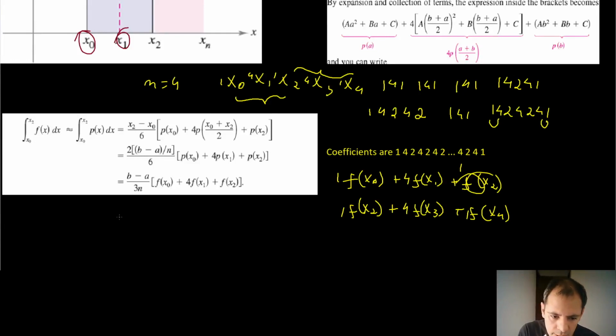Okay, you cannot do this: 1, 4, 2, 1. No, that's not the way it works. It begins with a 1 and a 4, and it has to end with a 4 and a 1. Okay, so it's 1, 4, 2, 4, 2, 4, 2. Can we end here like a 1? No, the second to last has to be a 4. So you go once more, 4, and then you get a 1. These are the coefficients. Okay?